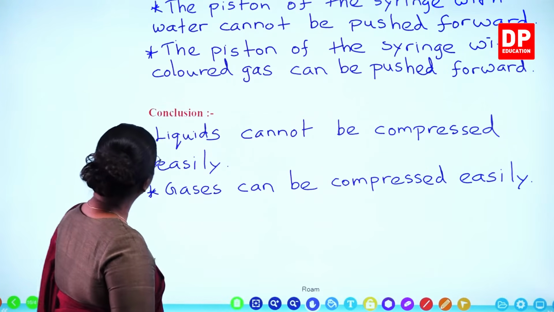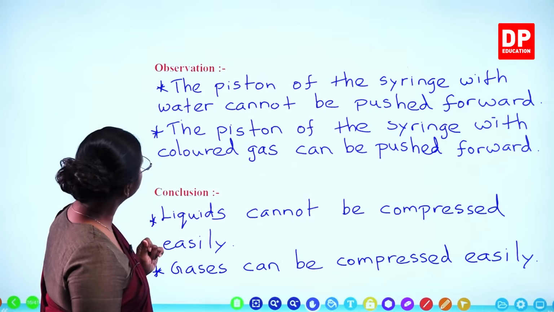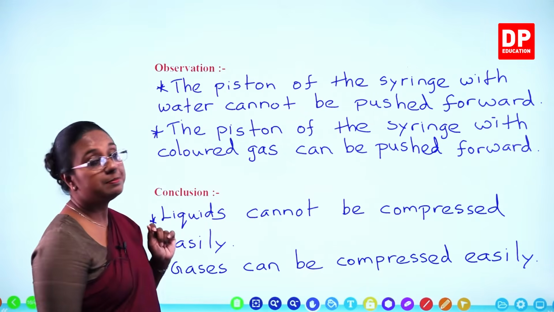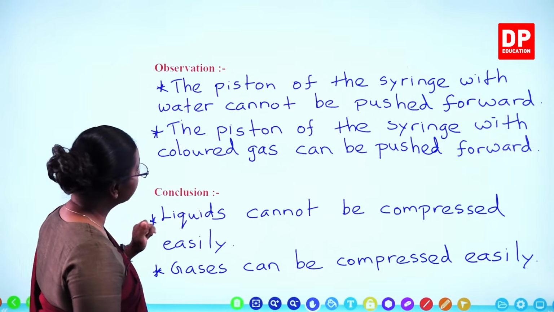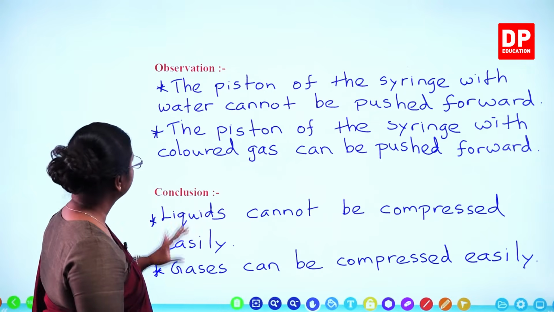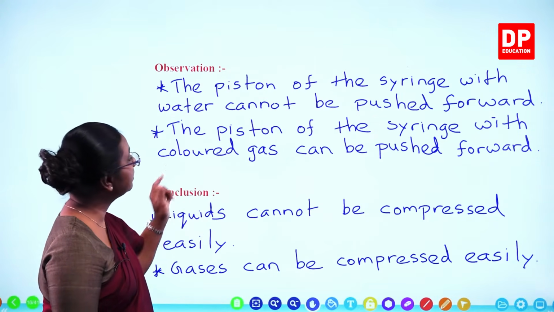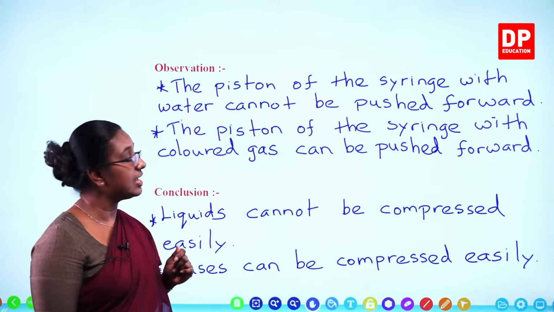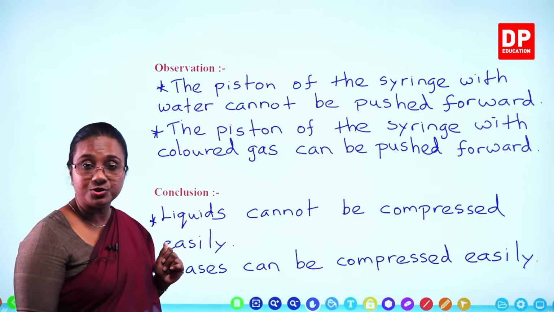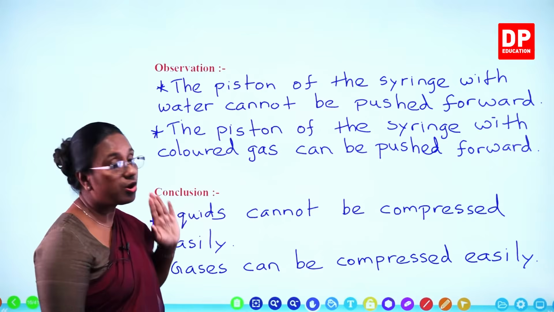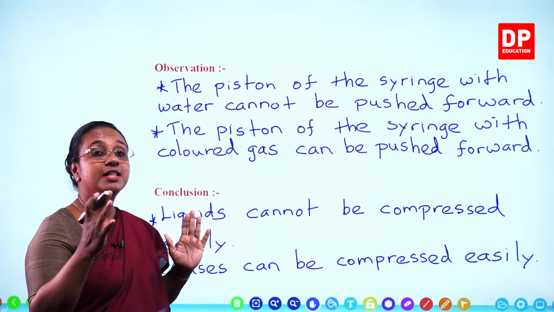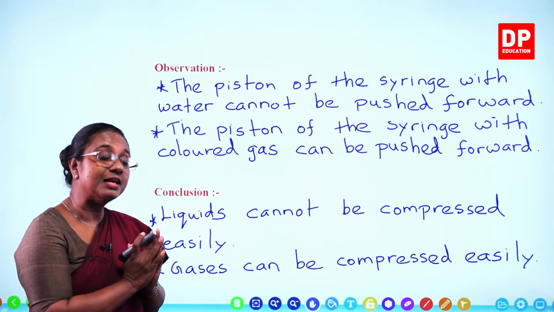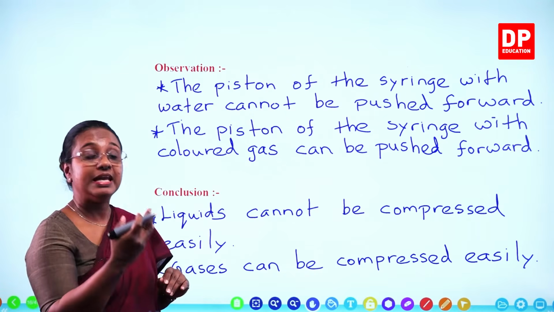So if I go back and read the observation for you all students, the piston of the syringe with water cannot be pushed forward, and the piston of the syringe with the colored gas, that is the nitrogen dioxide gas, it can be pushed forward easily. And also you were able to observe the volume decreasing and the color becoming a little bit more intense.